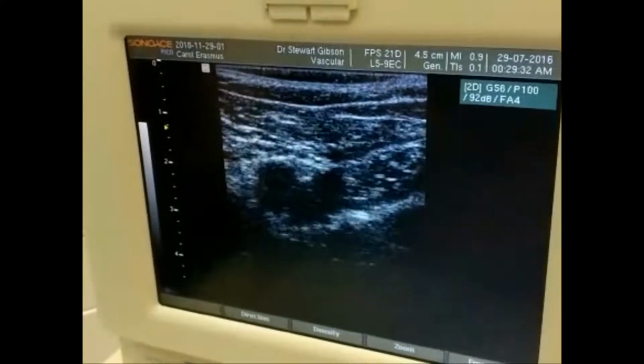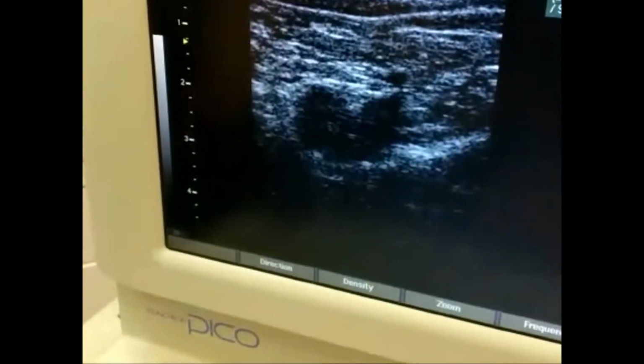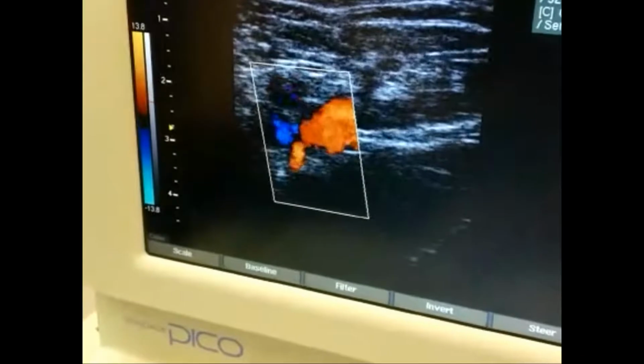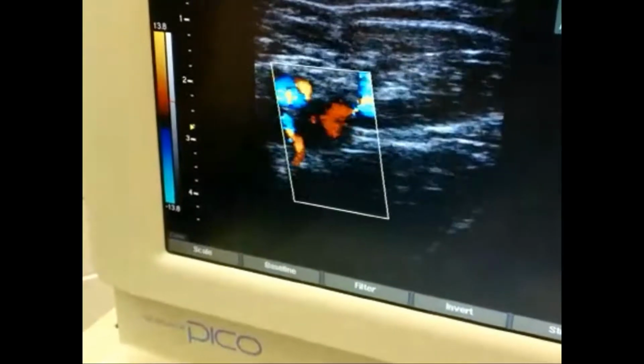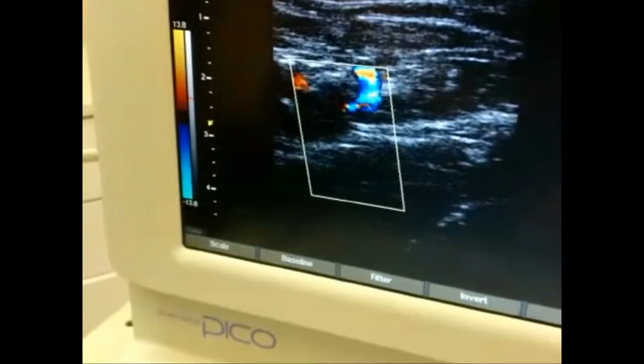So there is our artery, the common femoral artery over there, and right next to it we have the deep venous return. As you notice, the deep venous return is aphasic and continuous.